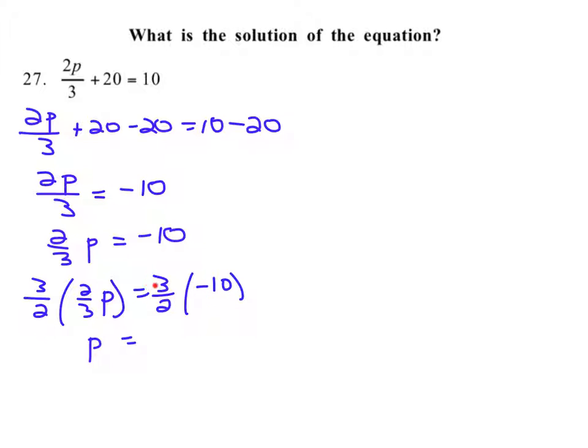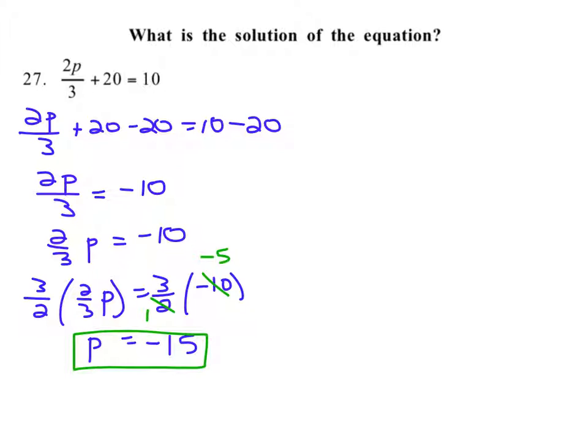It's just invisible. 3 times negative 10 is negative 30, and negative 30 divided by 2 is negative 15. You could also imagine canceling these two both by 2, so that becomes a 1, and that becomes a negative 5. And then 3 times negative 5 gives you negative 15. Either way, you end up with negative 15.